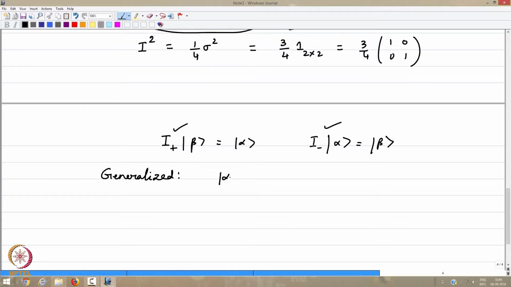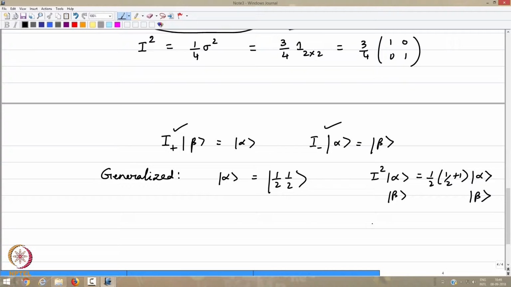Recall that when we wrote down alpha as a state, it had the quantum numbers 1/2 and 1/2, corresponding to I squared on alpha or beta giving you 1/2 into 1/2 plus 1, which is what was written as 3/4 times alpha or beta, and Iz on alpha and beta. You remember this was a 1/2 on alpha, and this was a minus 1/2 on beta.